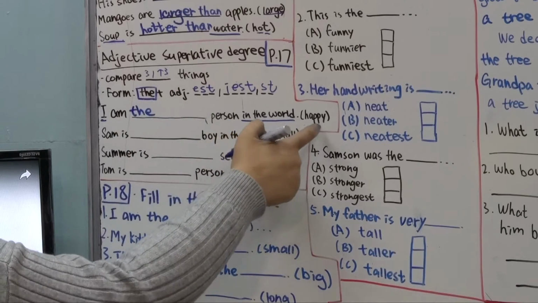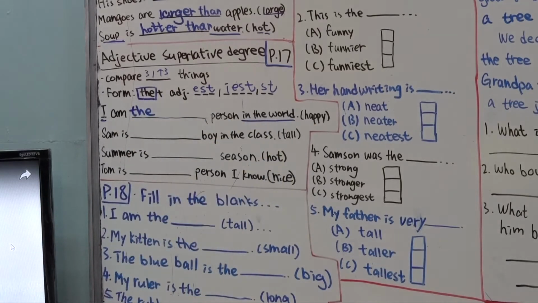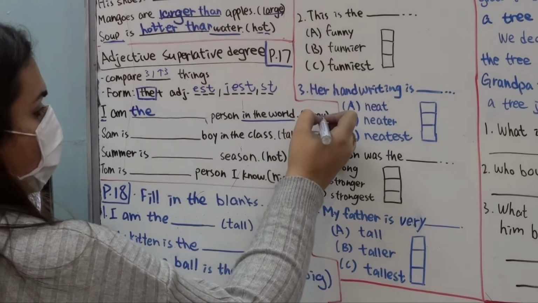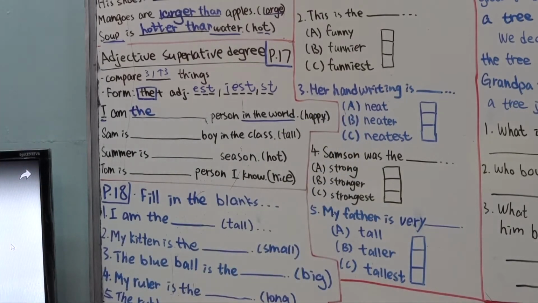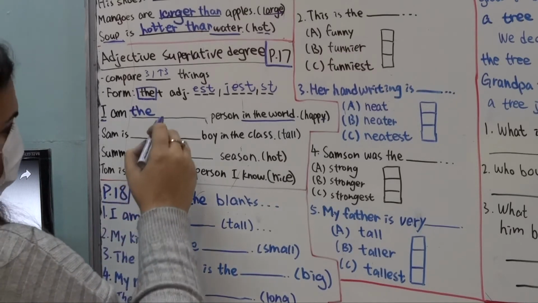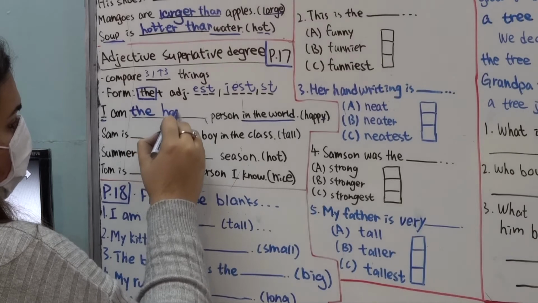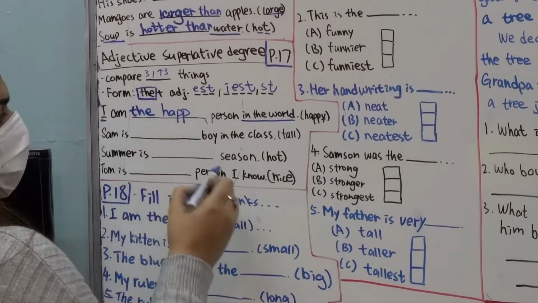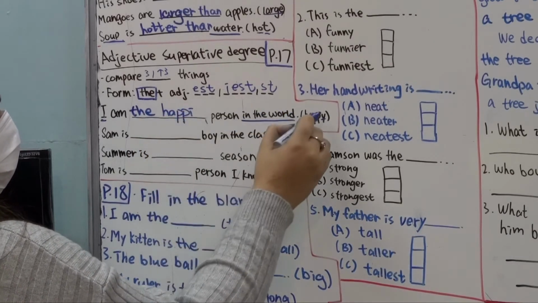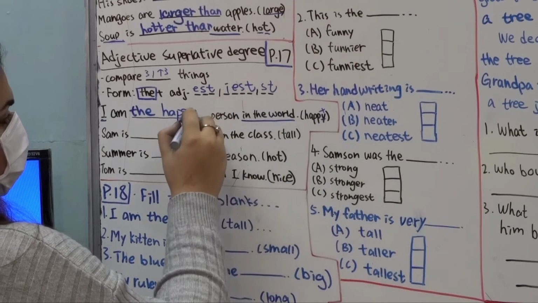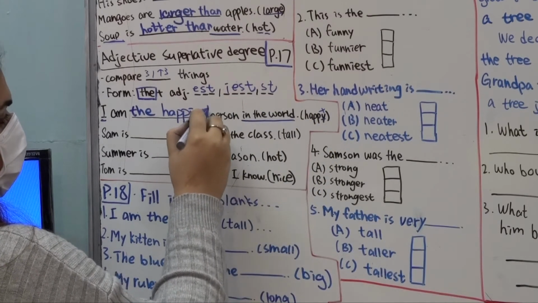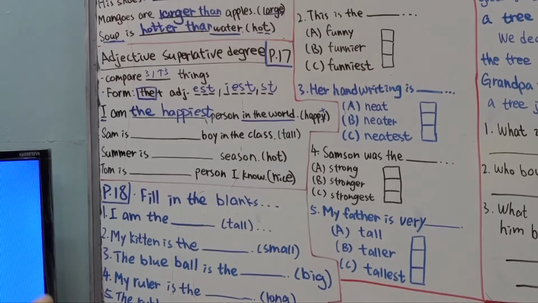Happy ends with the letter Y, right? So what we have to do? We have to cross out the Y and add IEST. Correct? Okay.